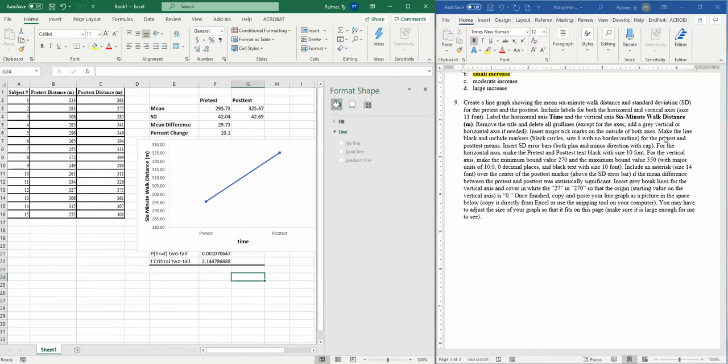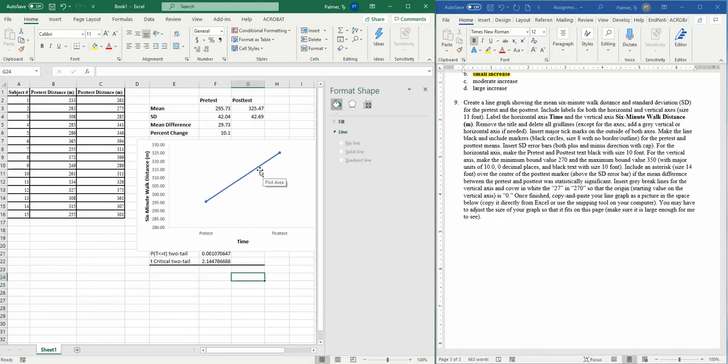The next sentence says, make the line black and include markers for the pre-test and post-test means. So what line are they referring to? They're referring to this line here in the graph. Again, this is a line graph, so hence the line. So it says here in the instructions, make the line black.